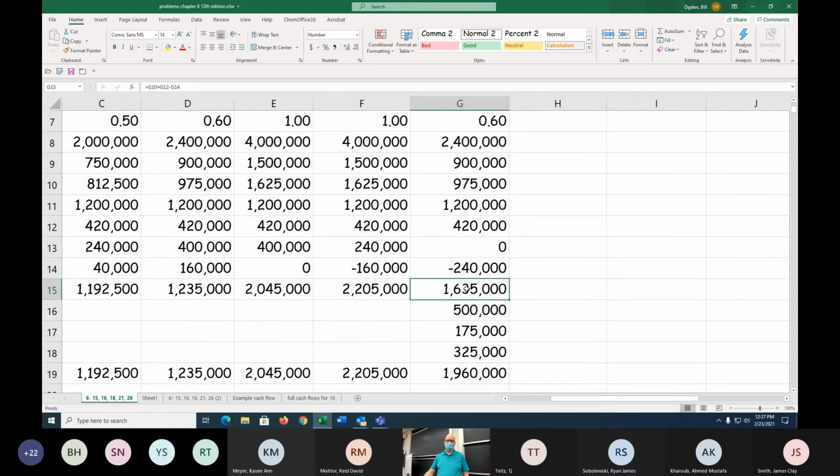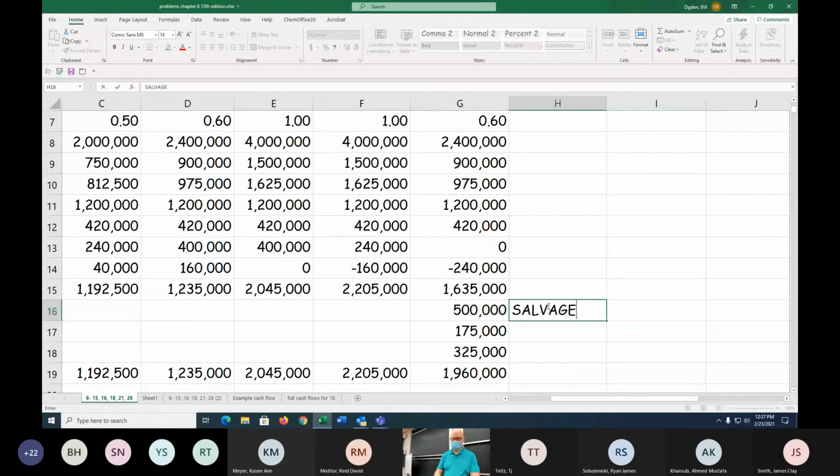Okay, and then the last year, you have the salvage value. So maybe I'll type these out here. You have the tax cash flow. Let's just do that one. So it would be 0.35 times 500,000. In other words, this has been fully depreciated, so therefore any amount of salvage is taxable.